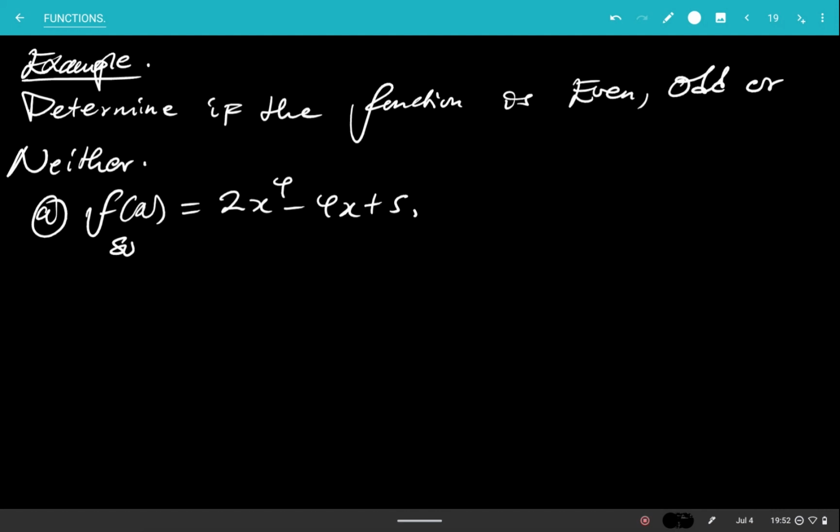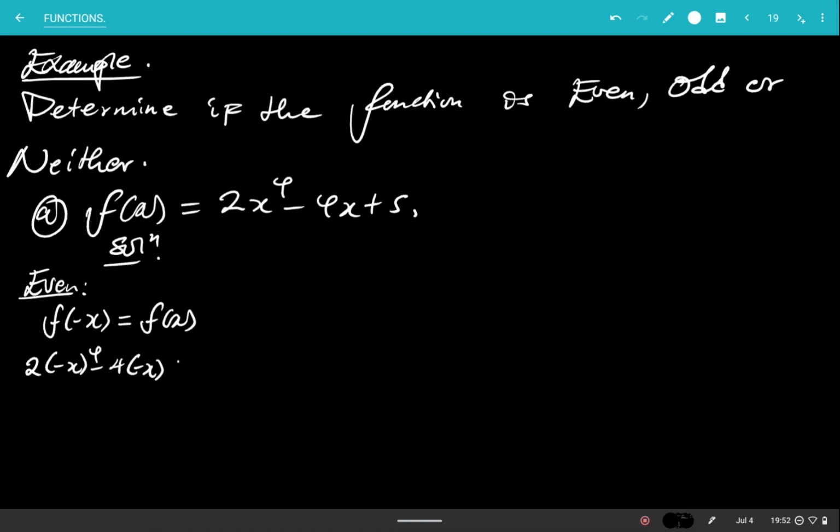Alright, let's try and solve this. Let's check if it's even. The condition states that if f of negative x is equal to what? F of x, then it's even. So wherever there's x, let's put minus x. So we have f of minus x would be 2 times (minus x) to the power 4, then minus 4 times (minus x), then plus 5, which should equal f of x, which is 2x to the 4th, sorry, minus 4x plus 5.